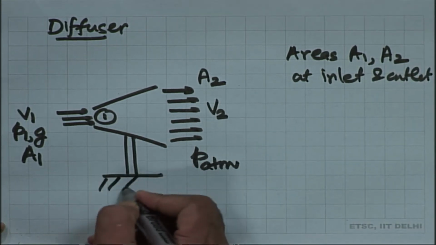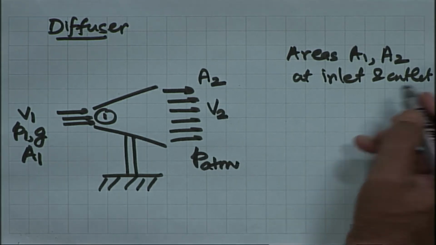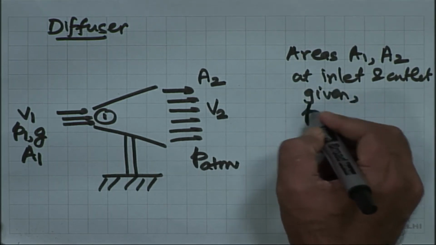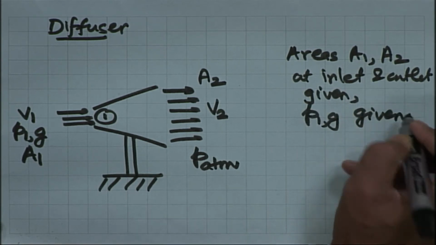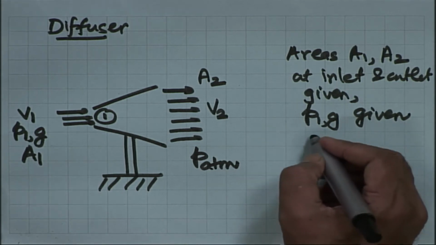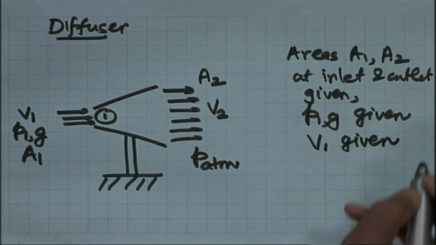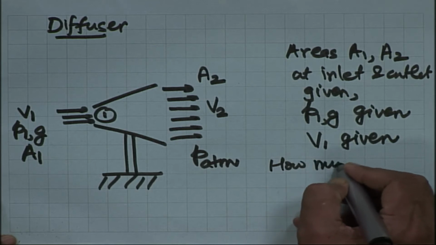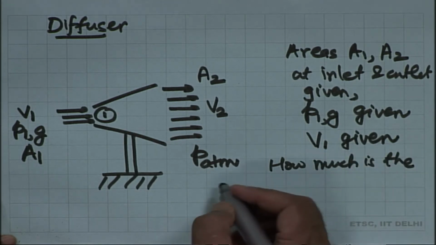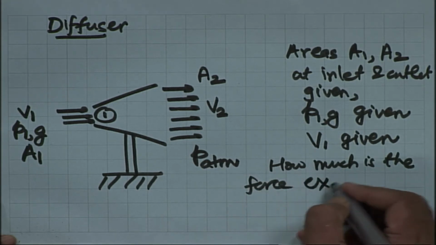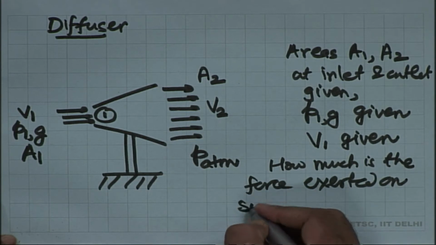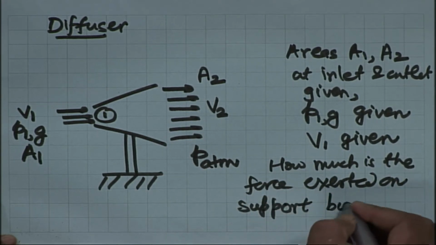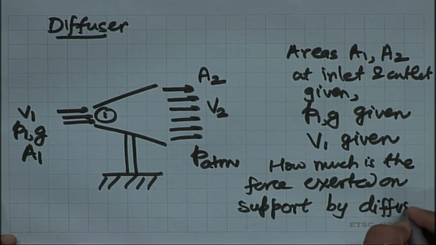Of course, this is mounted on some support. So, areas are given, P1 gauge is given and V1 is given, and we are asked to find how much force is exerted on the support by the diffuser.